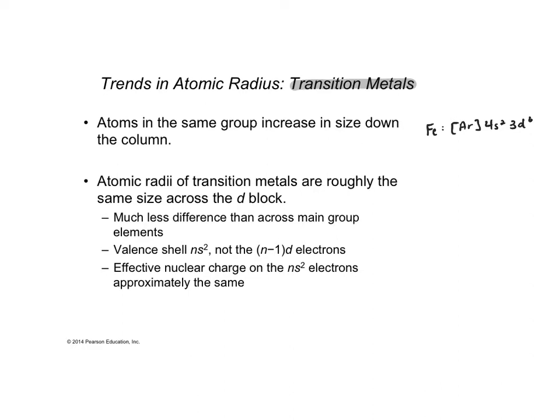Okay, this is the electron configuration for iron, which is a transition metal. And what I'm looking at here again is what is the trend in atomic radius for the transition metals.